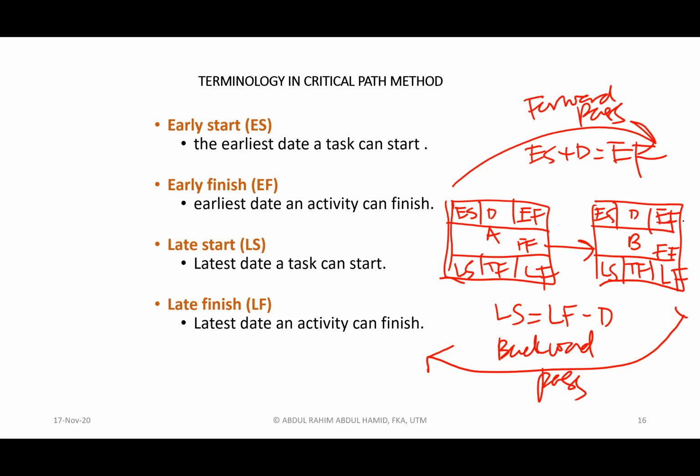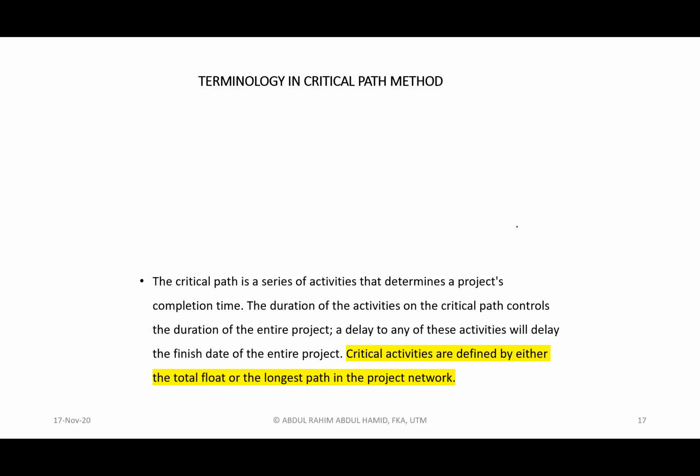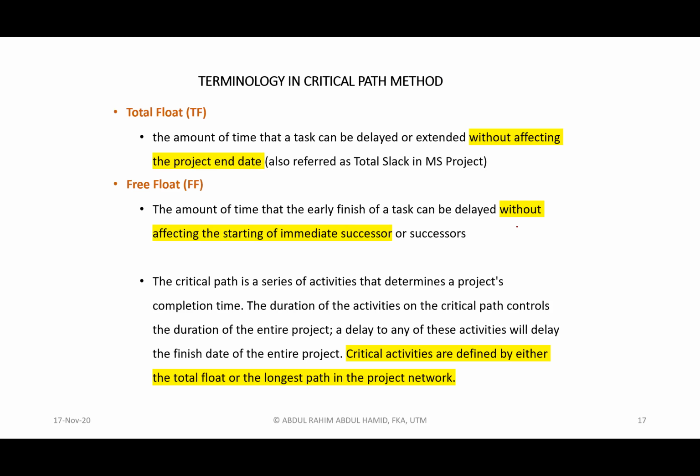For example, if the box still has some empty space, you just put it inside the box. Okay, total float and free float. Later on, we will show you an example of these values, how they are being generated inside the diagram.